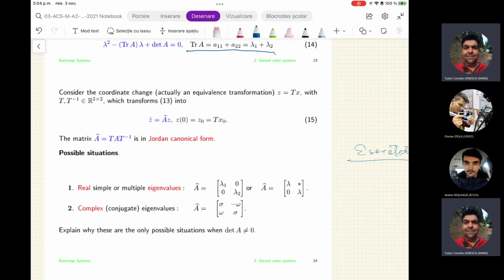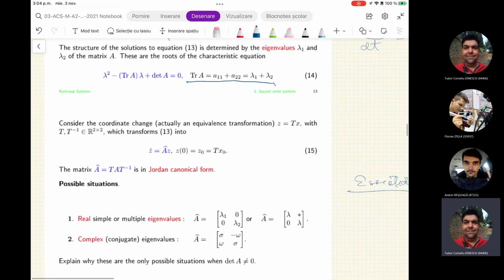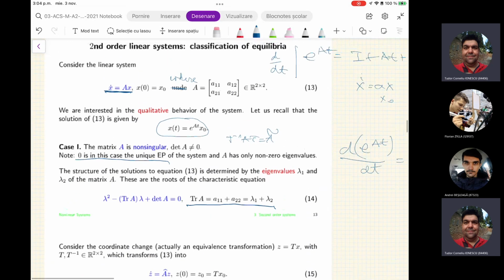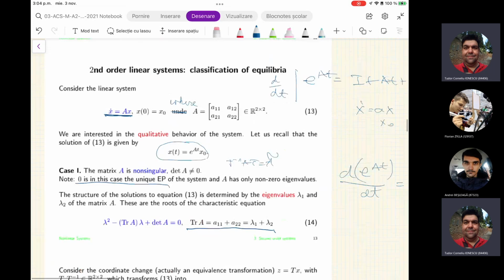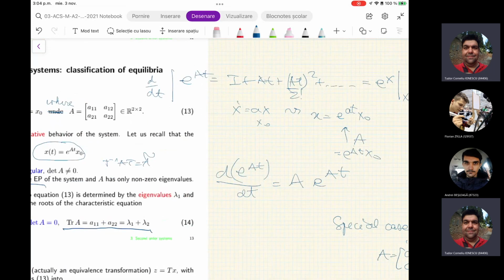We have a coordinate transformation z equals Tx, with T and T inverse being 2x2 matrices, transforming system 13 into 15. How do you do that? Z equals Tx. You apply the time derivative and you get z dot equals T x dot, since T is a constant matrix.